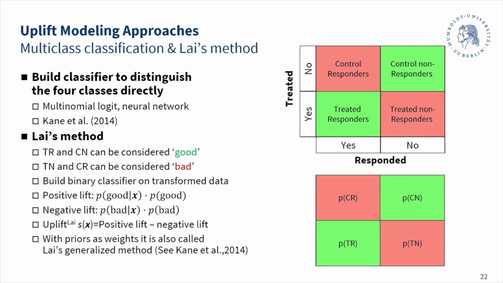In the 2-model approach, you build 2 models. That's why it's called the 2-model approach, or the T-learner. And Kane generalized this approach by putting in weights, because the number of treatment responders, control responders, treatment non-responders and control non-responders will be different, and this difference should be taken into account by the weighting.